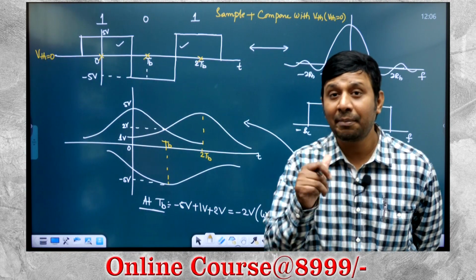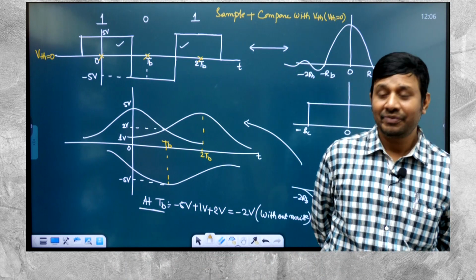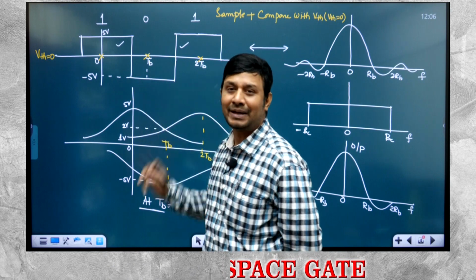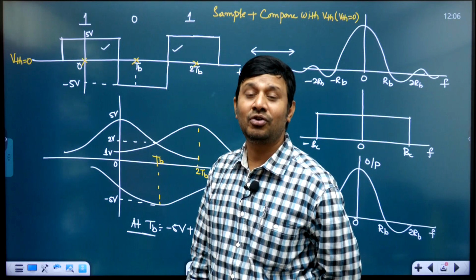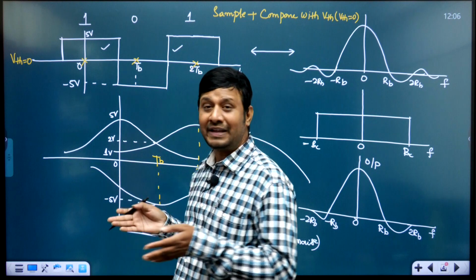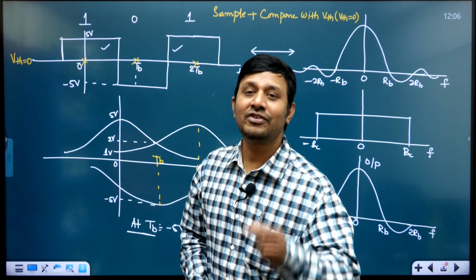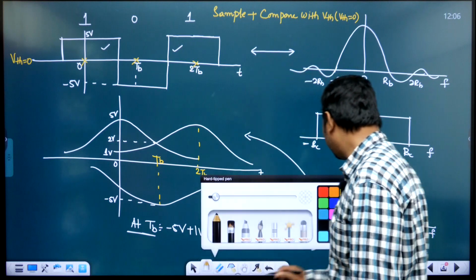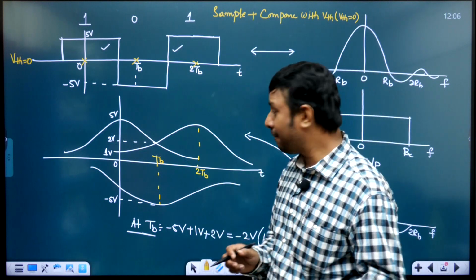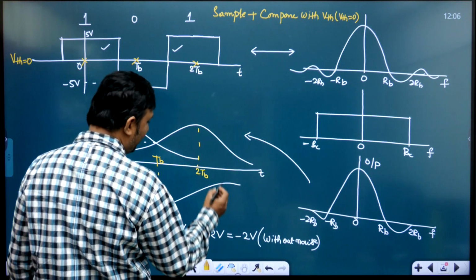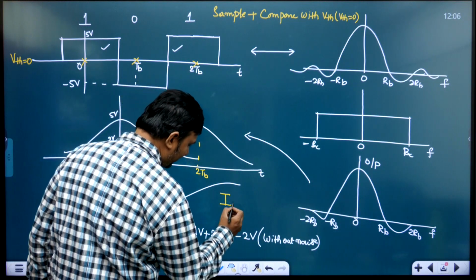Why is this happening? This is happening because of the influence of the adjacent pulses, the interference from the adjacent pulses. This is what is known as intersymbol interference. So intersymbol interference, this is the definition.